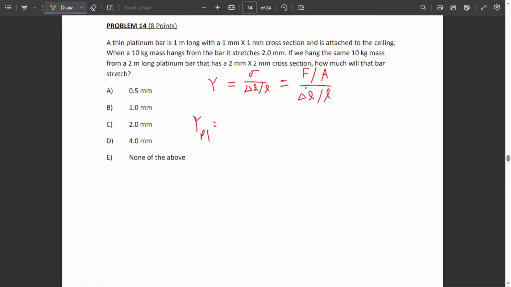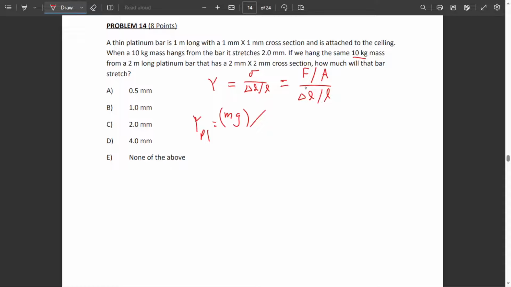Platinum's Young's modulus is going to be equal to the force. The force is 10 kilograms in gravity, so that's going to be m times g, where the m is 10 kilograms. This is all just magnitudes. We don't have to worry about vectors. So no negative, just mg.